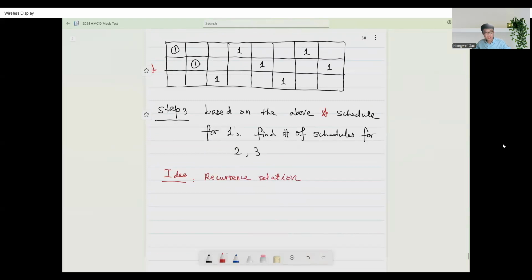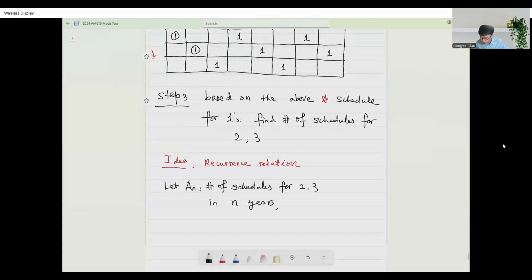We're going to generalize this problem for n years. Let an be the number of schedules for 2 and 3 in n years. And in this problem, here we need A8.